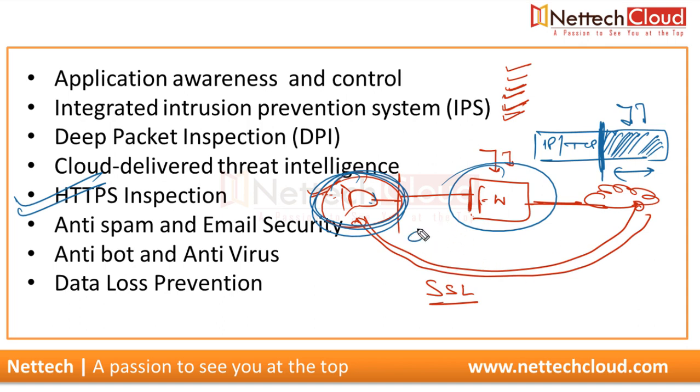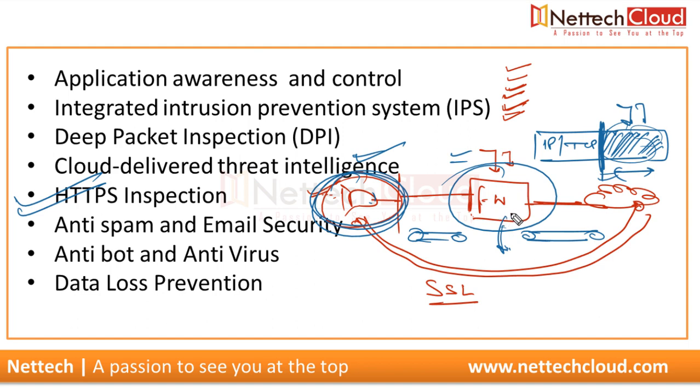It means two independent and separate tunnels will be negotiated. One tunnel between the client and the firewall and another tunnel between the firewall and the destination server. In this way, the firewall will have the decryption key, right? It means the firewall will first decrypt the data and then the threat prevention policy or IPS or some other threat prevention mechanism will be applied.